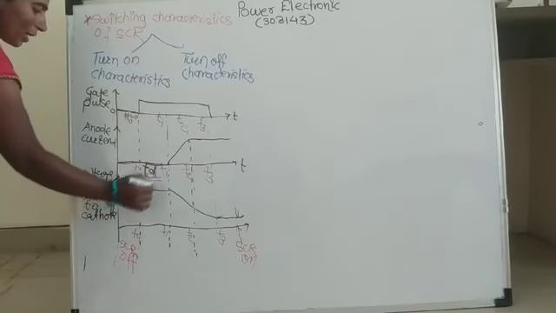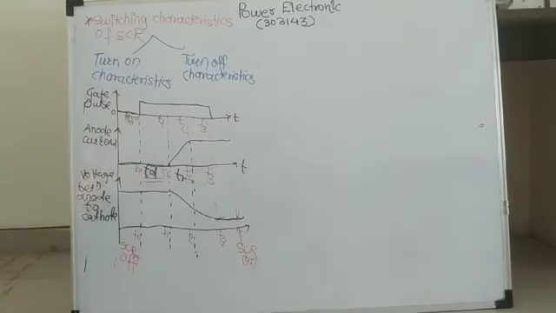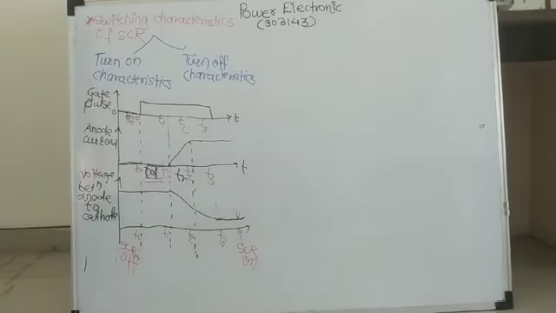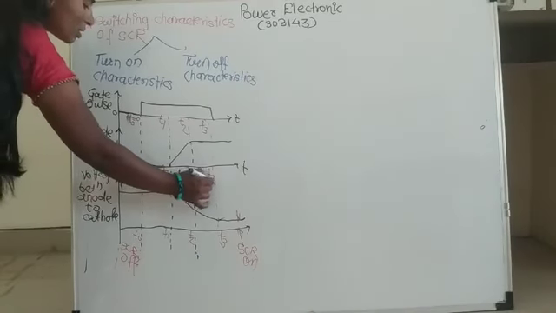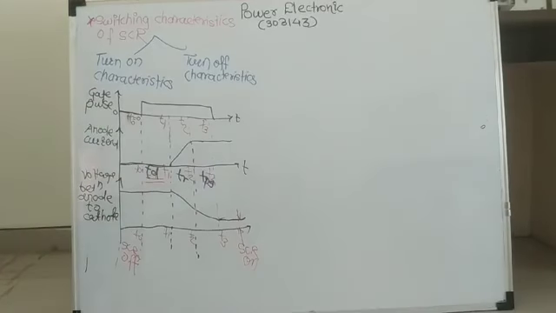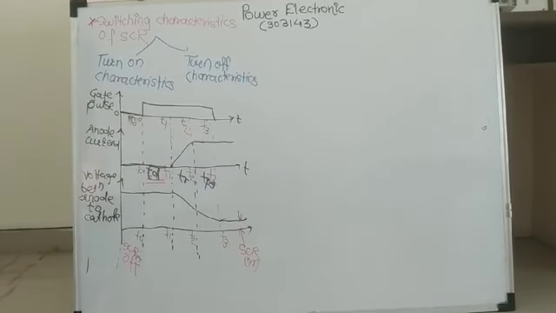This is a delay time, this is a rise time, and third one is TPS, that is plasma spread time. These are the characteristics called as turn on characteristics of SCR.